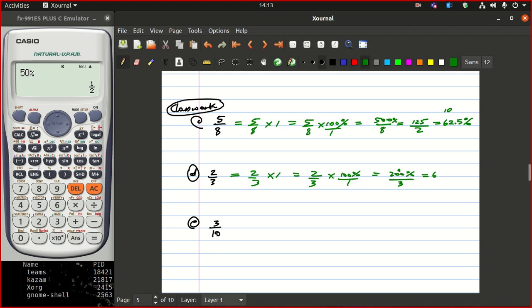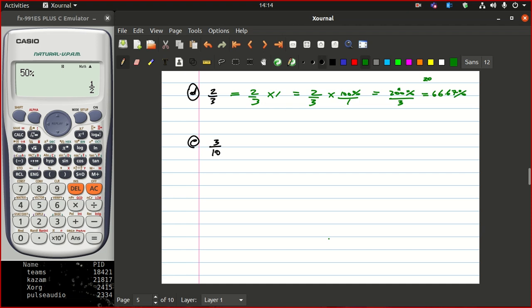How many 3s are contained in 20 again? You have a 6. So this is supposed to continue as 6, 6, 6, 6, forever. But now when we are rounding off, you see that this 6 is bigger than a 4, so we add a 1 here. So you end up having 67%.